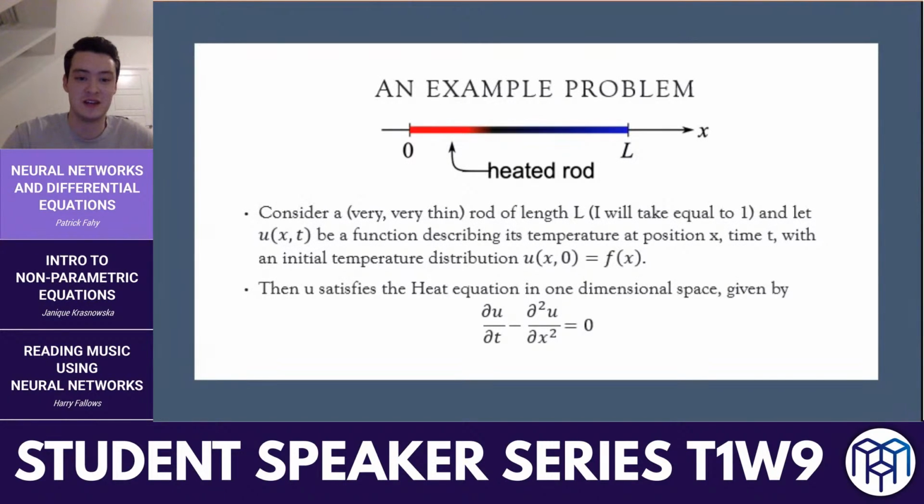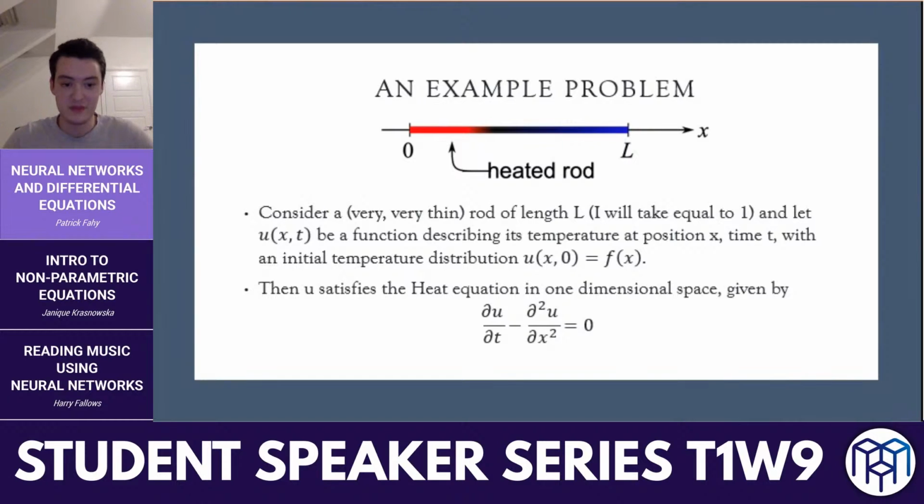So just to give a bit of background on the PDE. If we assume we have a rod, which is very, very thin, that just means I'm considering it with no width, just one dimensional. If we have a length L, which I'll take as 1, we want to see how the temperature of this solid varies over time with an initial temperature function, as you can see, f of x.